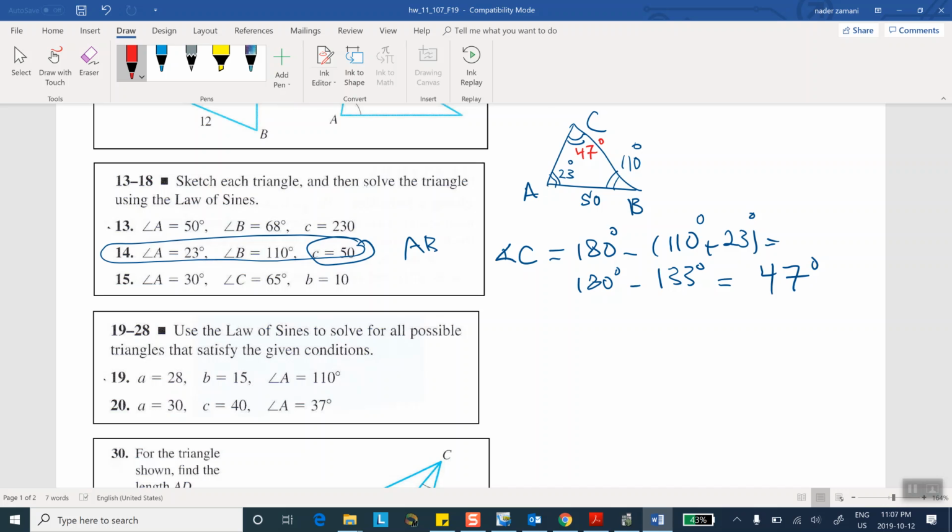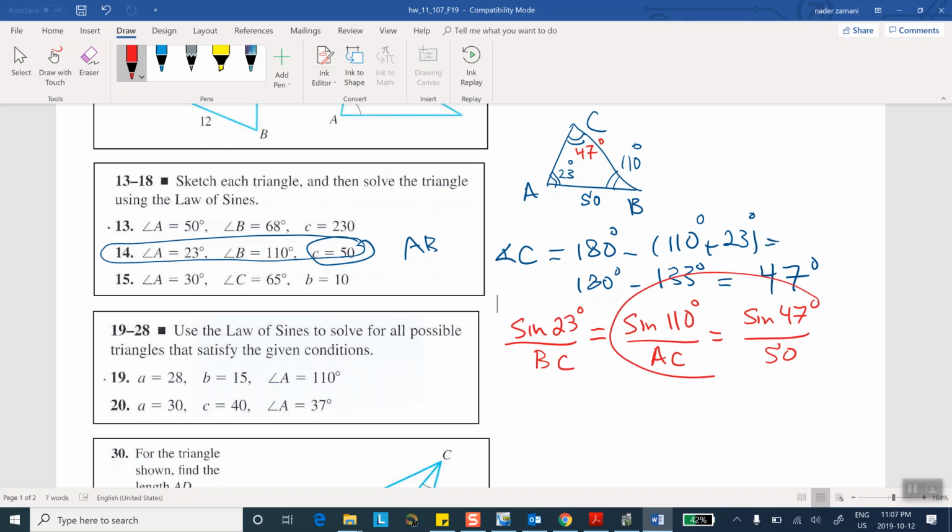Now, let's go ahead and write our law of sines. So we have sine of 23 over the length BC equal to sine of 110 degrees over the length AC equal to sine of 47 degrees over the length AB, which is 50.